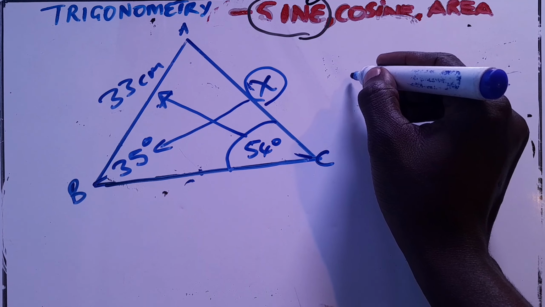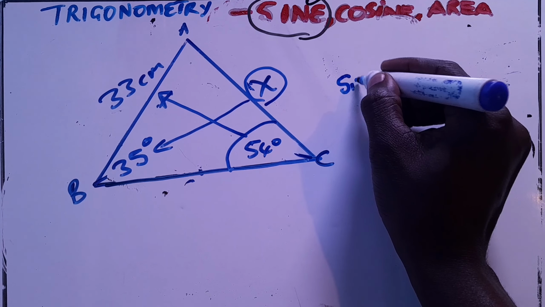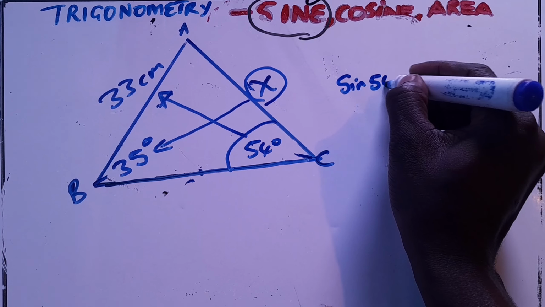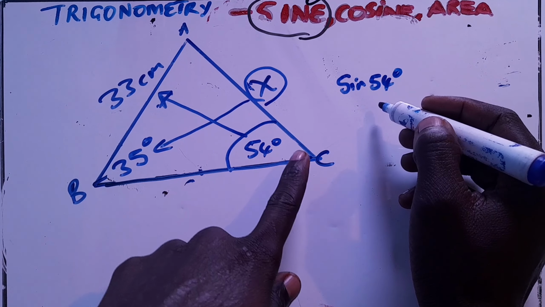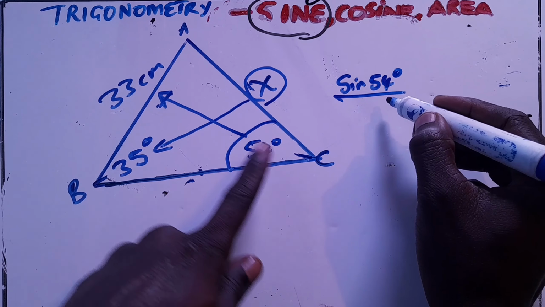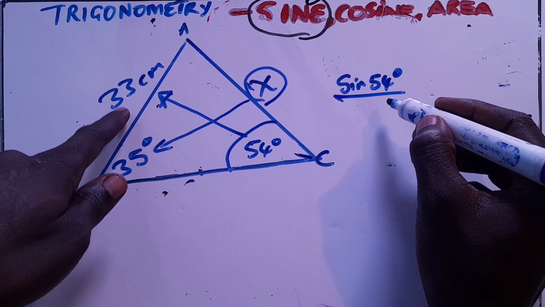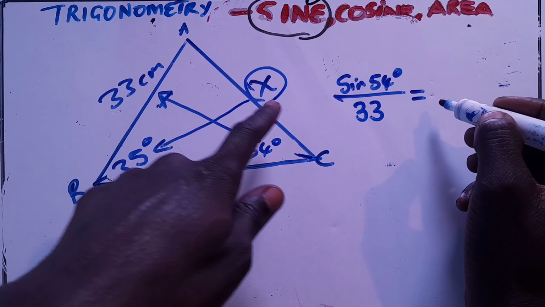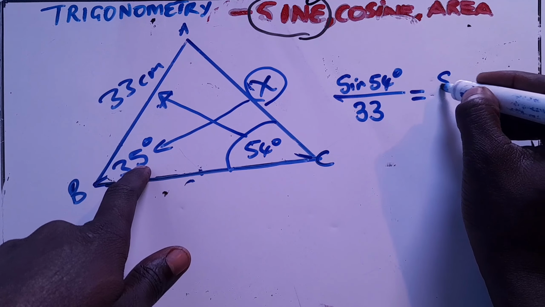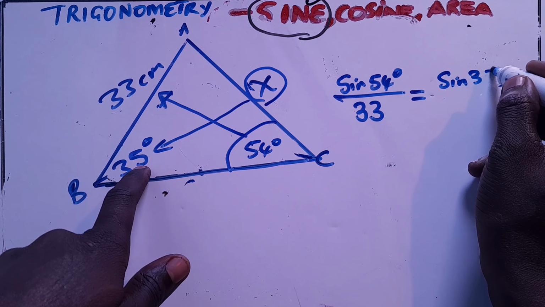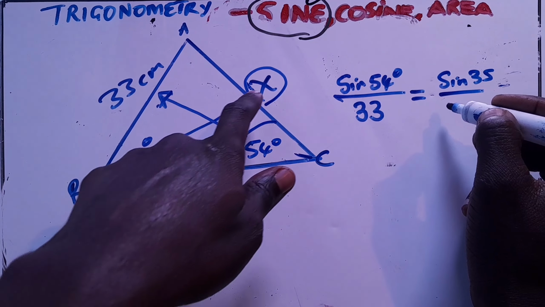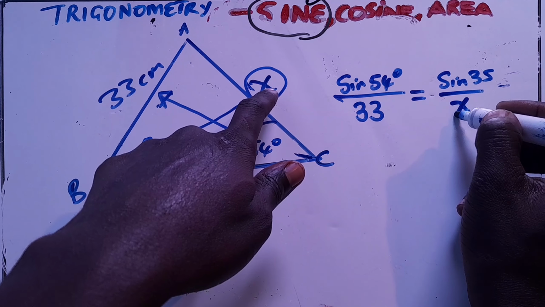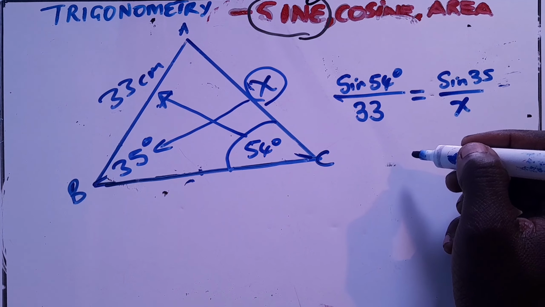So it will mean that the sine of 54 degrees, the sine of this over the opposite side, can you see? Over the opposite side should be equal to the sine of 35 over the opposite side that we're trying to find, right?